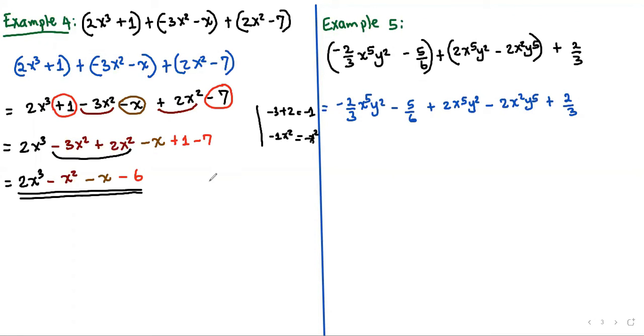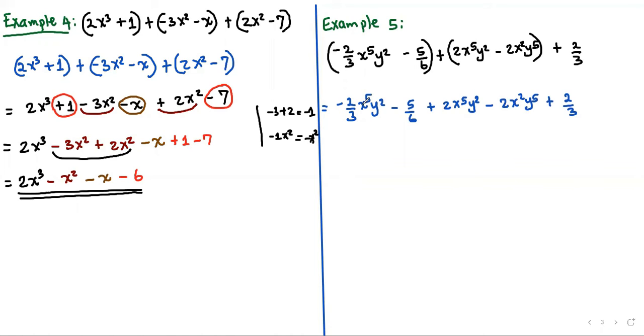Okay, now the next step, we are going to collect the like terms and we put them together. To identify the like terms, you just look at the variables that you are having. They must be having the same exponents. They must have the same power. If the powers are different, don't consider that as a like term.